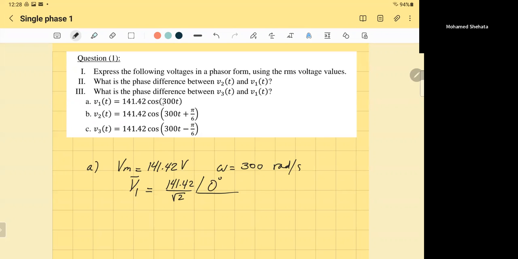And how do you sketch it as a phasor? It will be like a vector. Angle 0, it will be like that. Start from 0. The length should be proportional to that one.